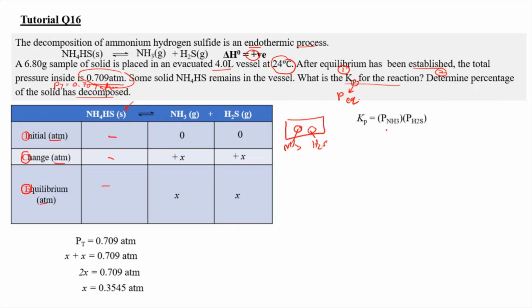So it's equal to x times x, where the x value here is 0.3545. When we do the maths here, we're going to get 0.1257. So the Kp here is going to be 0.1257 without any unit, because in this chapter, Kp is treated as dimensionless. Alright.